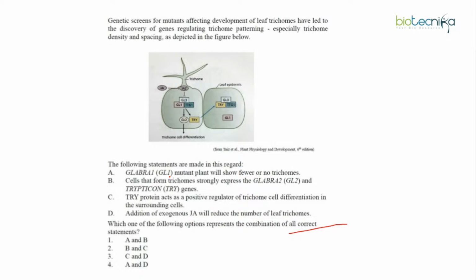Triptychon is a negative regulator and prevents the formation of trichomes in all the neighboring cells. So if it prevents the neighboring cells, then it is actually helping in the spacing of the trichomes on the leaf.